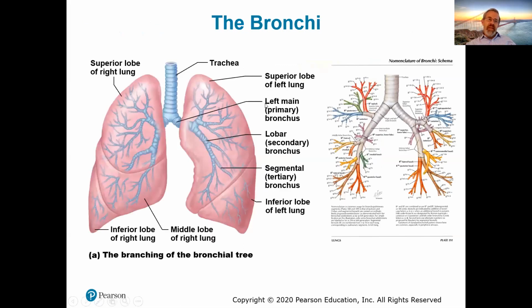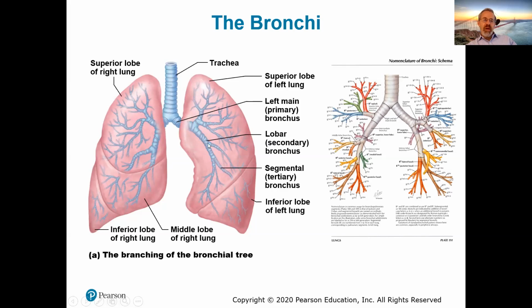From the trachea, the air then moves into the bronchi. And one of the things you can see, of course, is that the bronchi branch, much like branching into arterioles. The initial branch off the trachea is called the primary bronchi, but then this splits off into what we call the secondary bronchi, which are also known as the lobar bronchi, found in both lobes, which we'll learn about later.